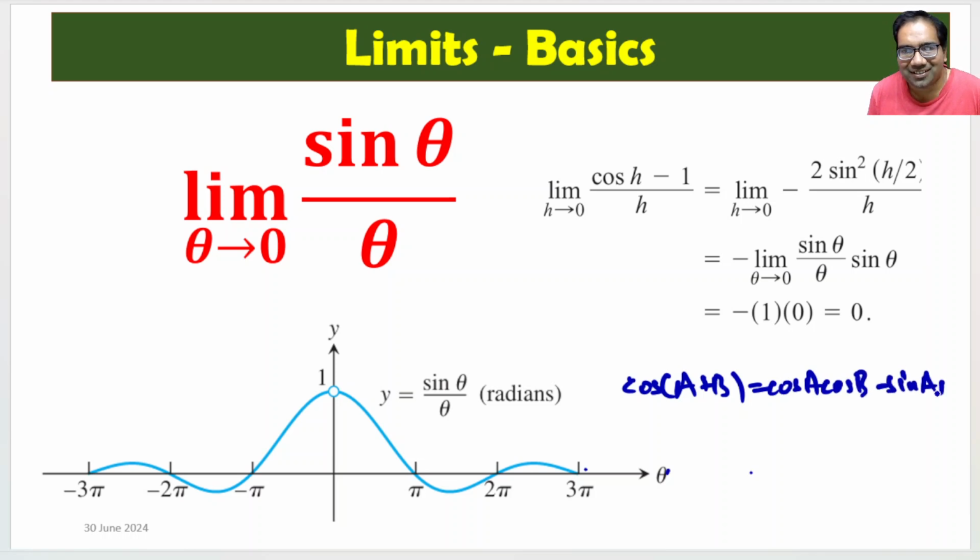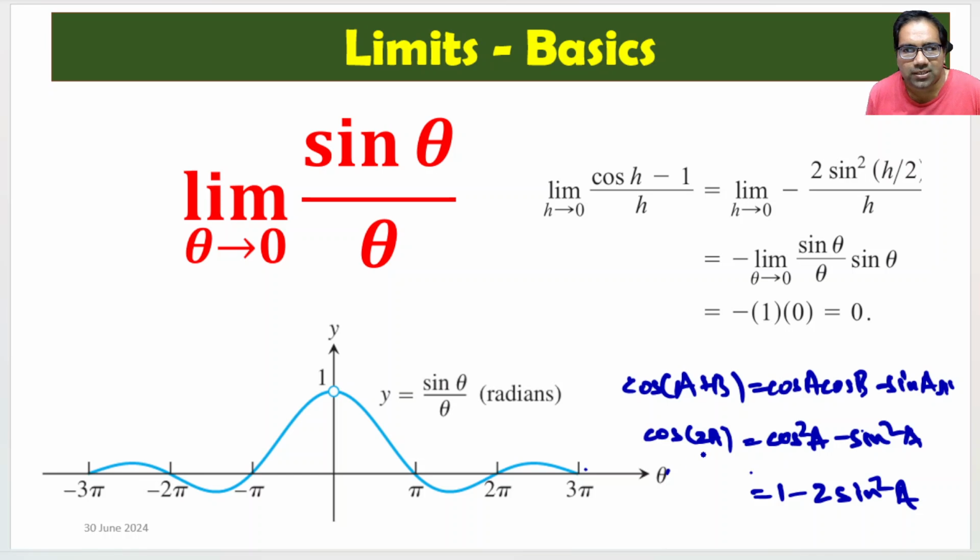If a and b are equal, what does that mean? Cos 2a equals cos square a minus sin square a. If you convert cos square to 1 minus sin square, this becomes 1 minus 2 sin square a. Obviously, cos 2a is 1 minus 2 sin square a.